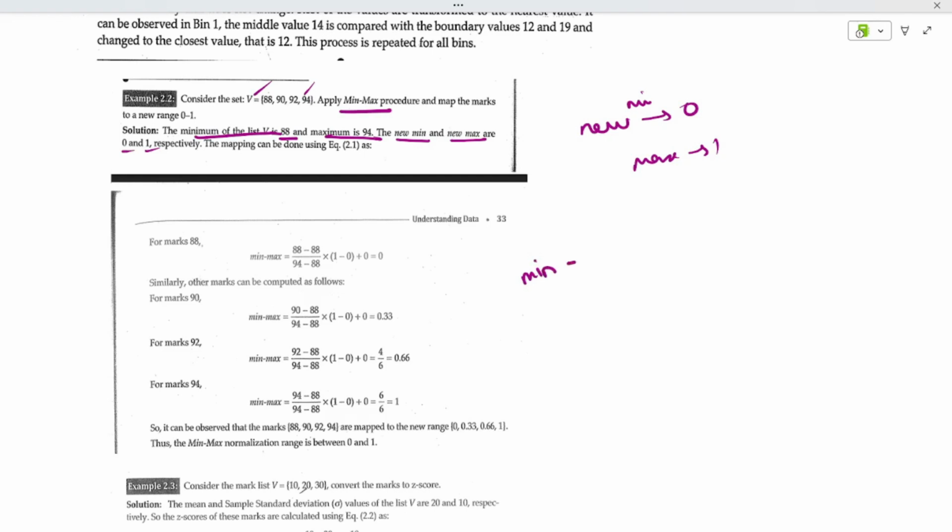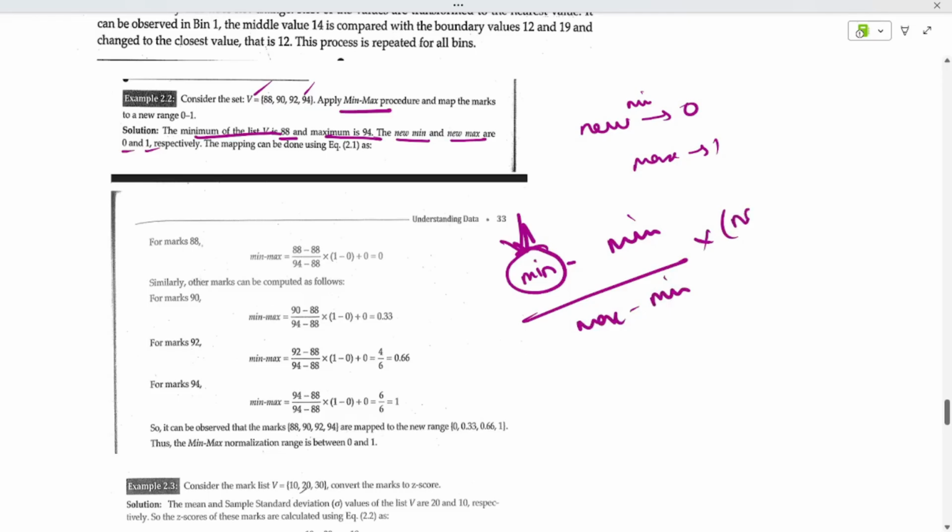See, in the theory part it has been explained. The formula is: V minus minimum, divided by max minus minimum, into new max minus new min, which you consider as 1 minus 0, this will be the same for all.